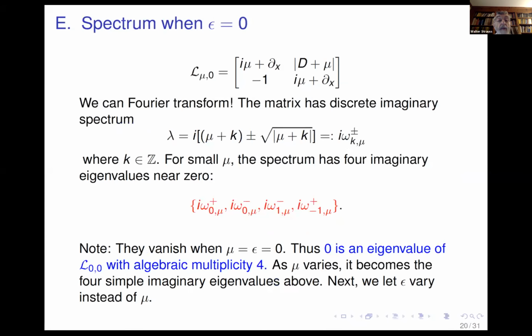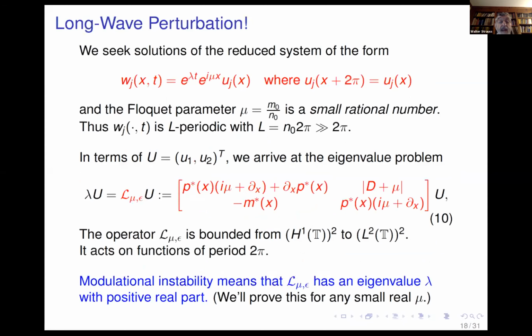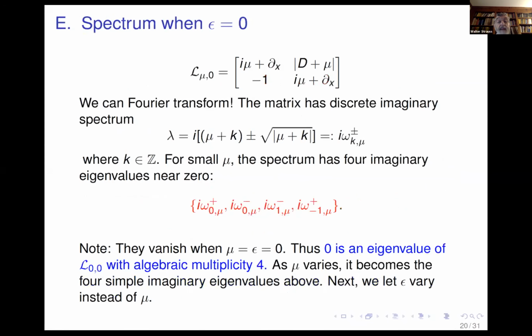And so notice that here's a matrix L mu epsilon. If you take epsilon equals 0, then this simplifies and takes this form. You can Fourier transform, there's no variable coefficient.